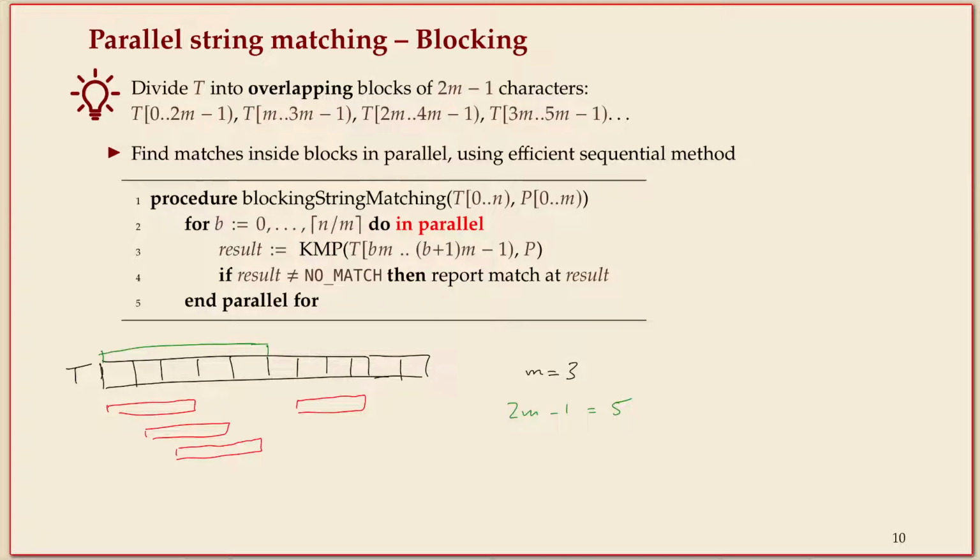Now, how about an occurrence that spans this boundary? That might not be caught. That should go one further. We have to catch the orange ones as well. So we overlay a second one that starts at m and also goes 5 long.